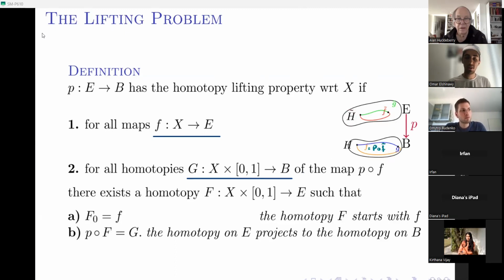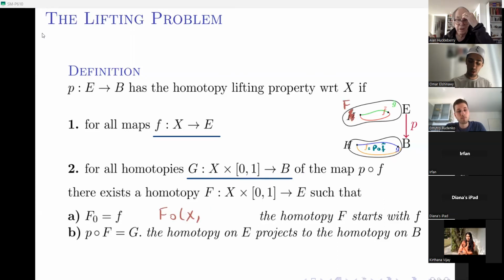So here I'm not using the same letters. We can find another homotopy, big F, on the space E, such that two conditions are satisfied. So F takes an argument for the function, and takes the time variable, which is in the unit interval.